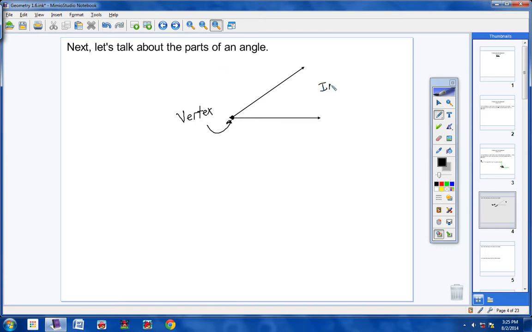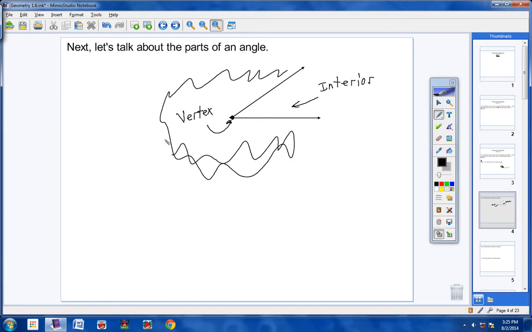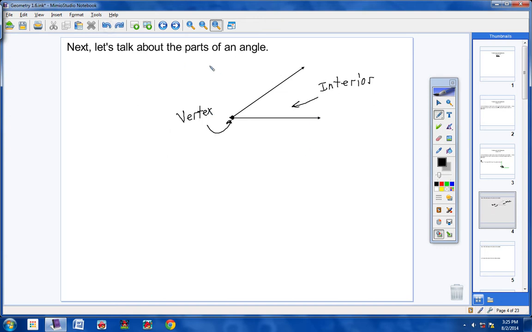And I would like you to write that down if you would, please. Now, all of the space on the outside of the angle, actually it's anywhere that's not the interior of the angle, we call that the exterior part of an angle, okay?